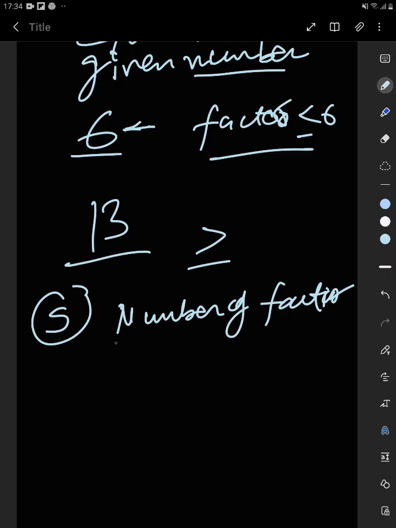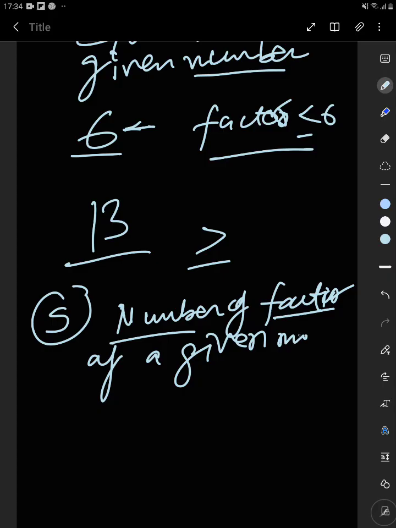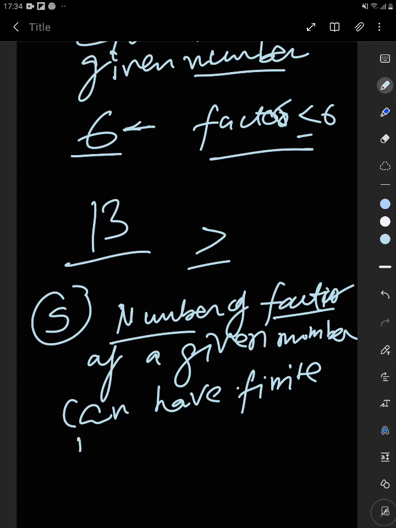Number of factors of a given number can be finite.